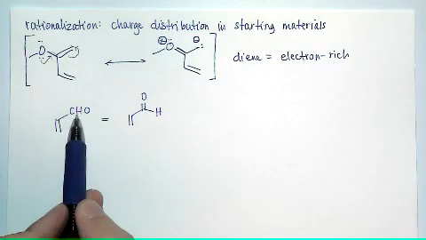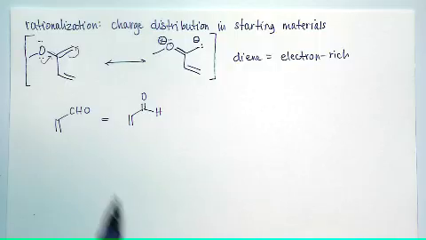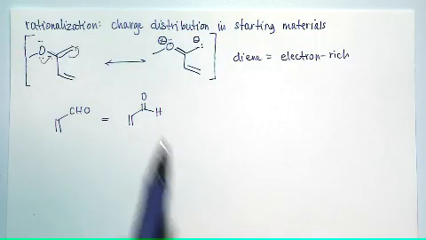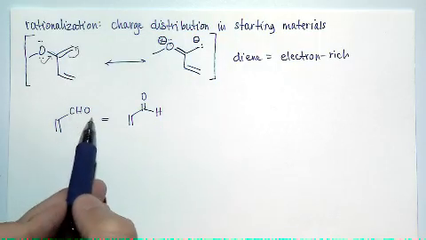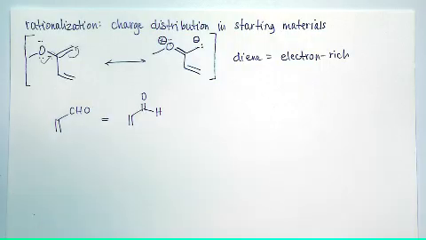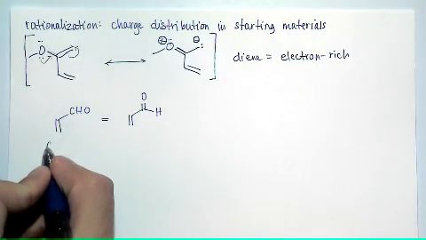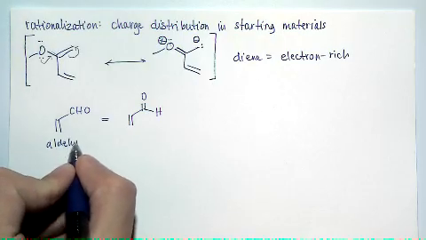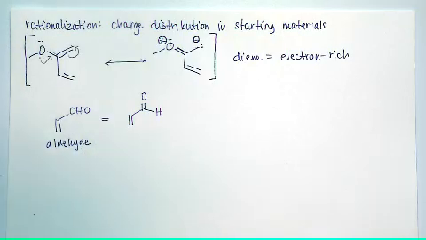So the C is this carbon in the middle, then the H on the end, and then the oxygen is double bonded. So CHO is an aldehyde. Okay, aldehydes are electron withdrawing groups.